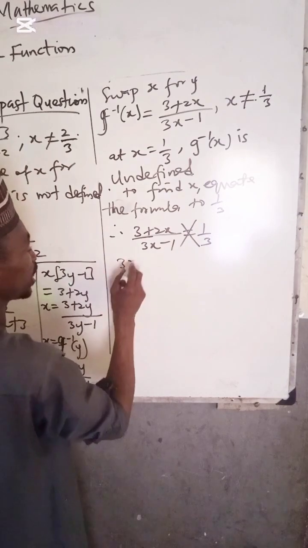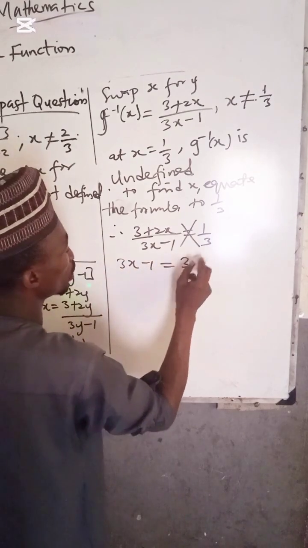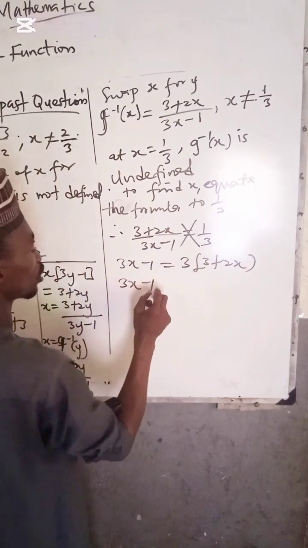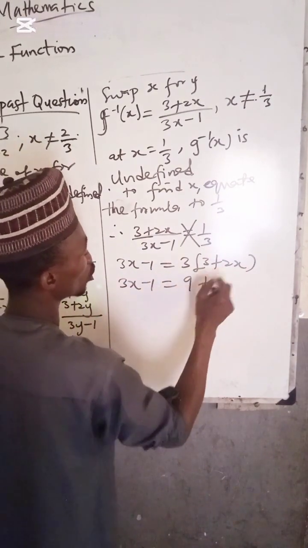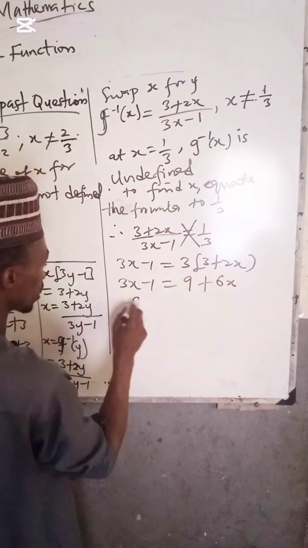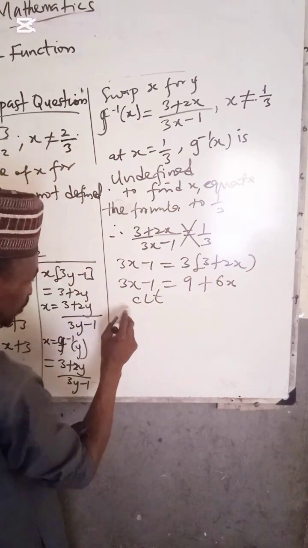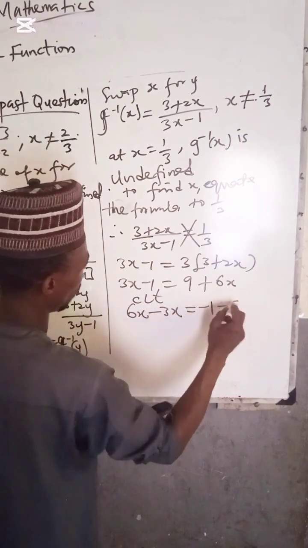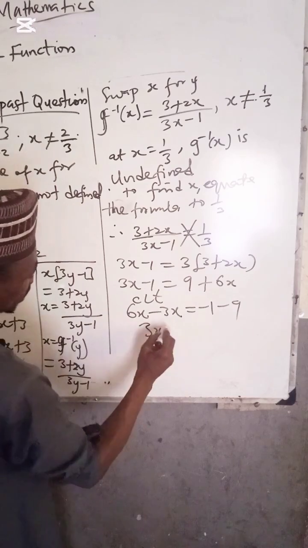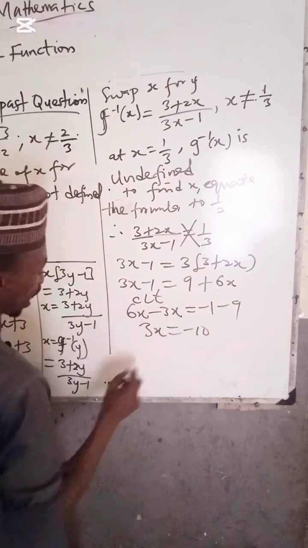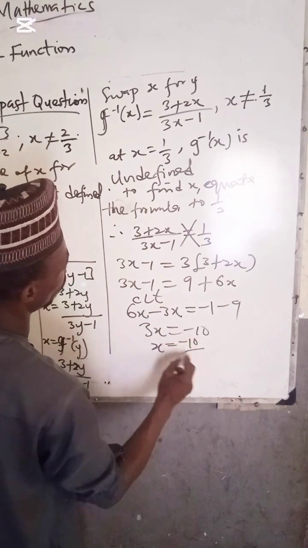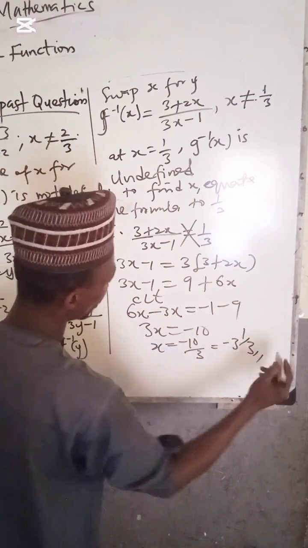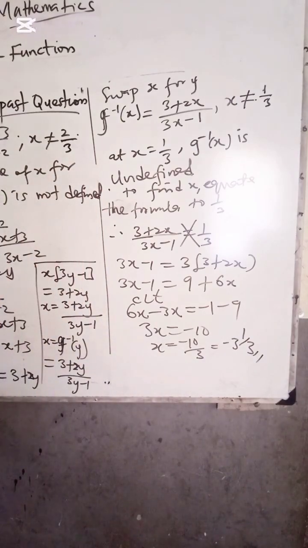So you have 3x minus 1 is equal to 3 into 3 plus 2x. So 3x minus 1 equals 9 plus 6x. CLT. So you have 6x minus 3x equals minus 1 minus 9. 3x is equal to minus 10. x equals minus 10 over 3, or you can say minus 3 and 1 over 3, or you can also say minus 3.33.